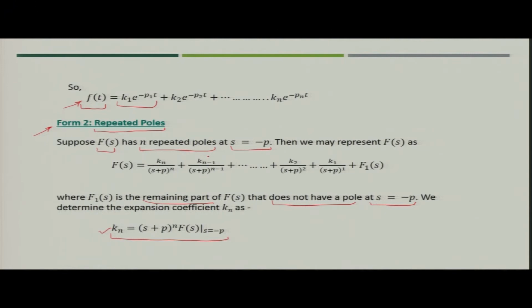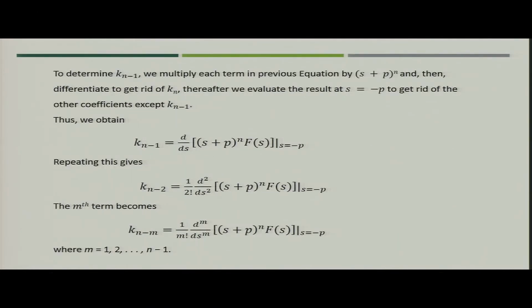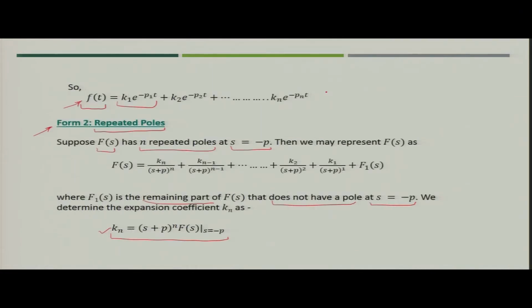Now, how to find the value of Kn minus 1? For finding Kn minus 1, we have to multiply each term by (s plus p) to the power n, as we did in this case. So, if you multiply by (s plus p) to the power n, you will get Kn plus Kn minus 1 into (s plus p) and so on.